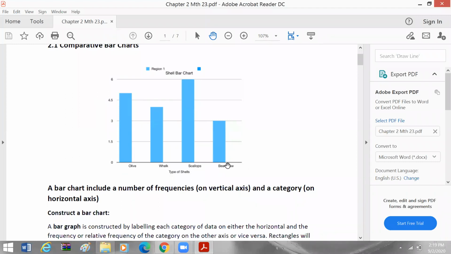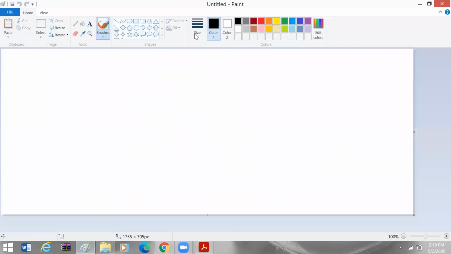If you ask me, there is another way that we can do this, where we twist it. We can have the names on the vertical and the frequency on the horizontal, depending on how you look at it.